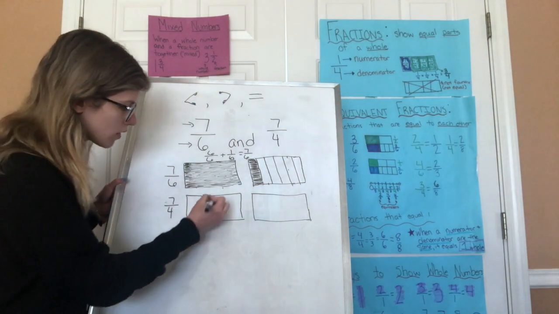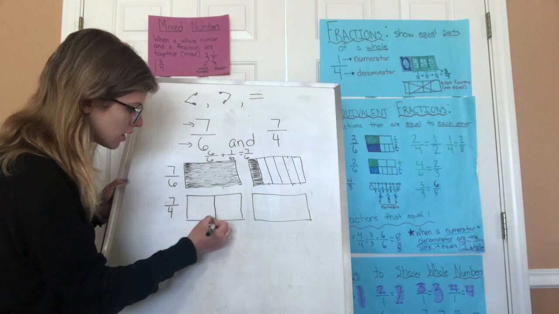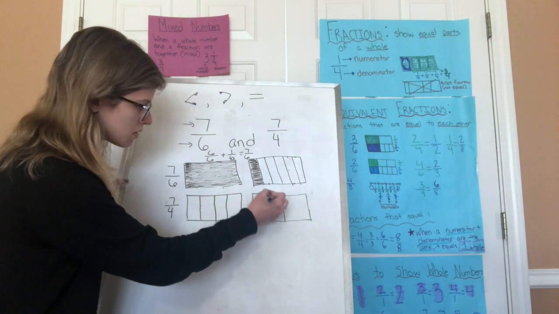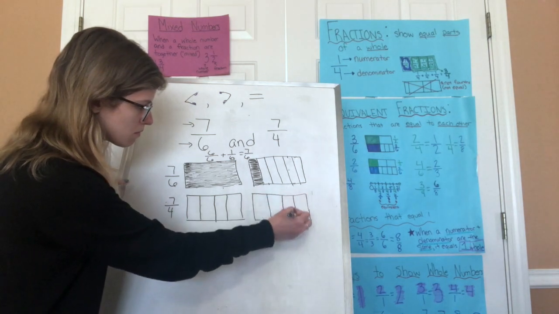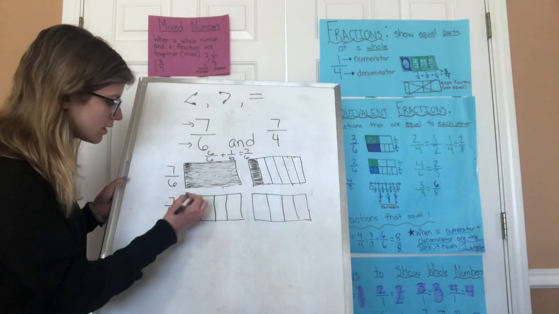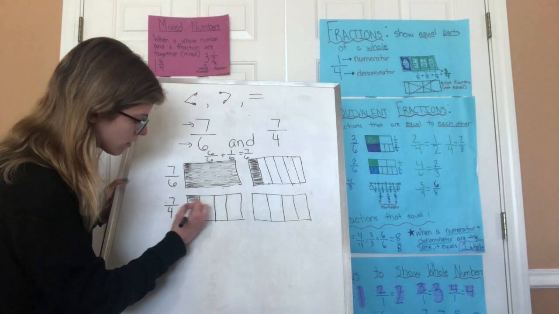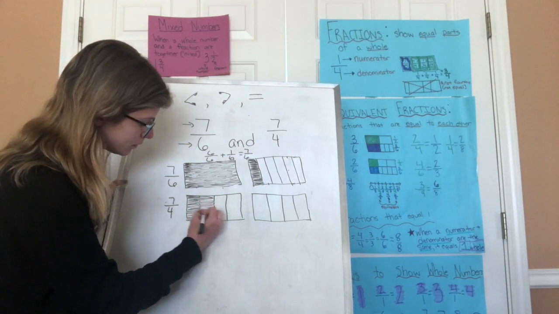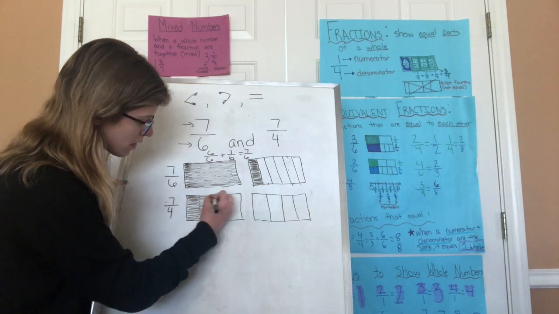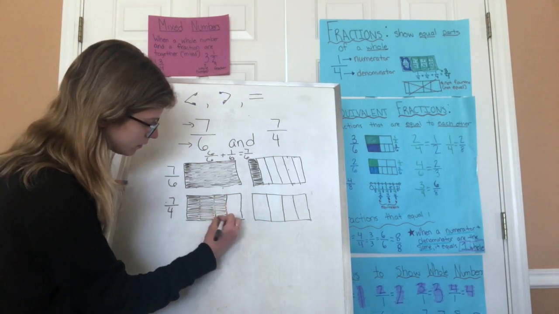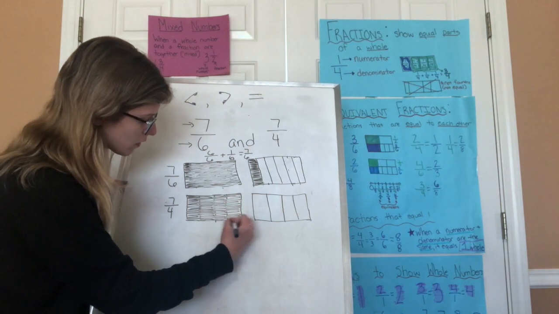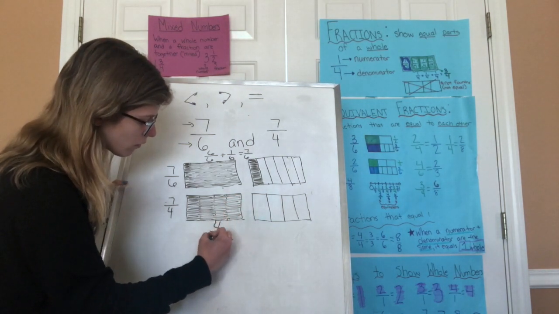Now for 7/4, I'm going to break each up into fourths. And I'm going to shade in 1/4, 2/4, 3/4, and 4/4, or 1 whole.